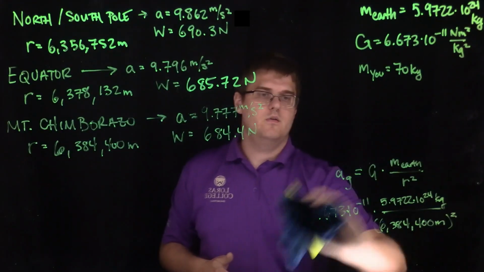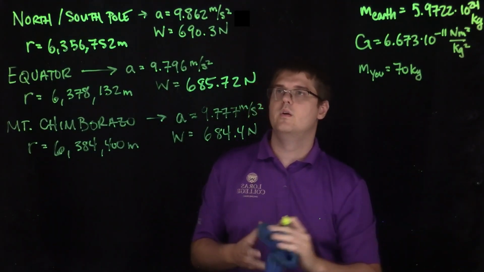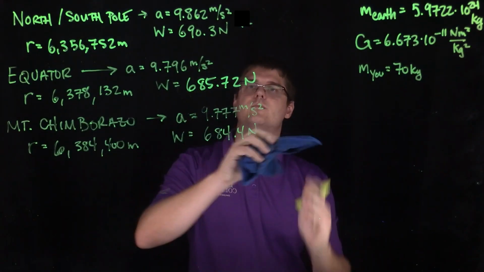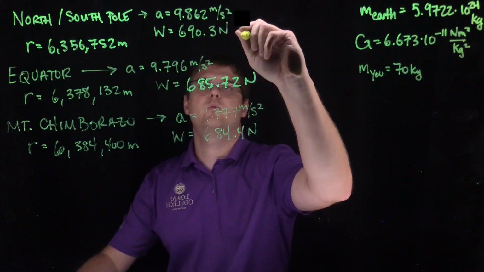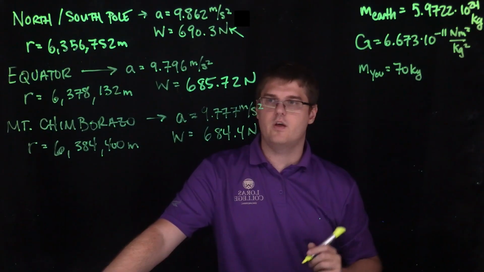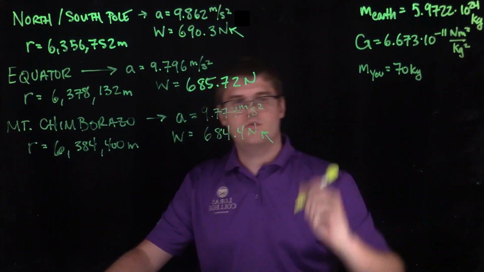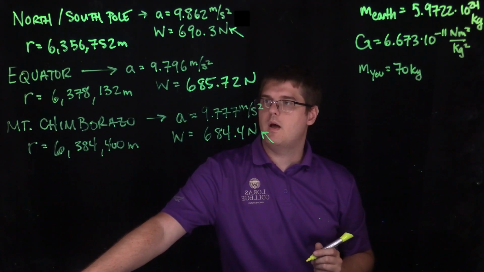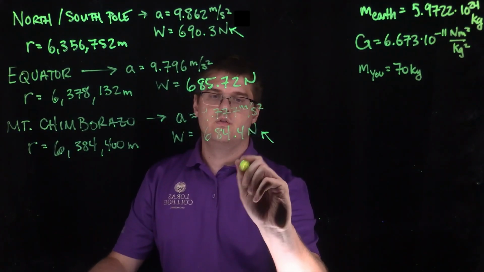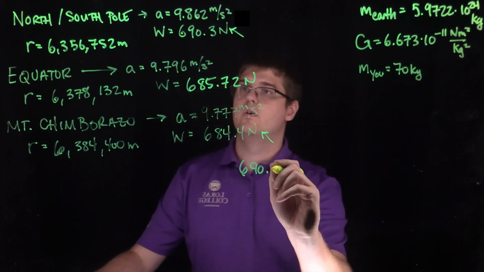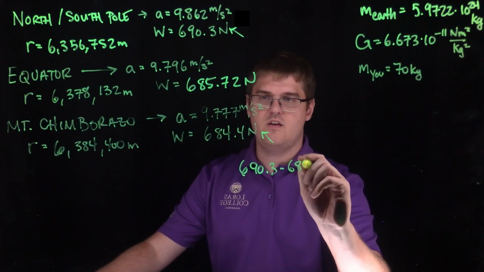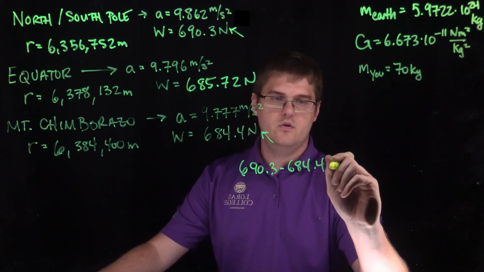Okay, now from our minimum distance with our north and south pole to our maximum distance from the center of the Earth with Mount Chimborazo, we have a difference of 690.3 minus 684.4 newtons.